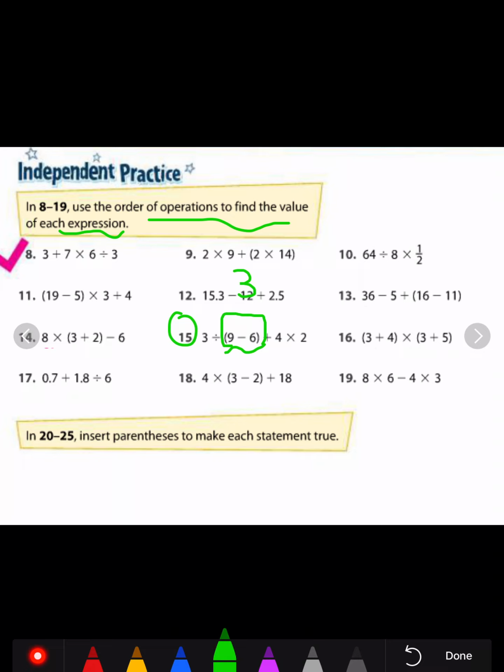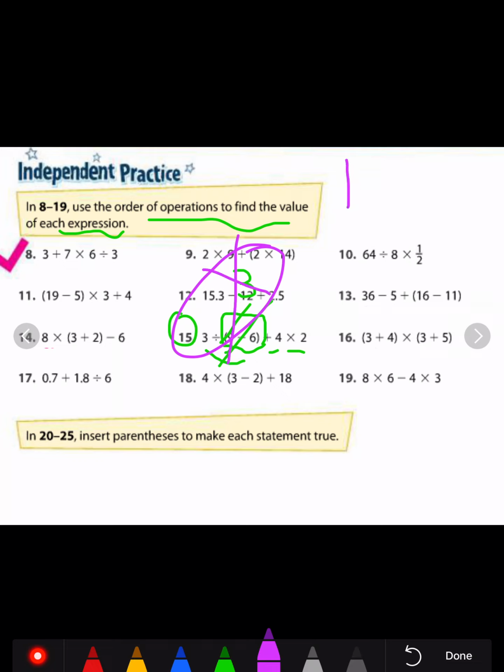So this became 3. Now we have 3 divided by 3 plus 4 multiplied by 2. We have division, addition and multiplication. But division is on the left, and division is stronger than addition. So we do 3 divided by 3, which equals 1.